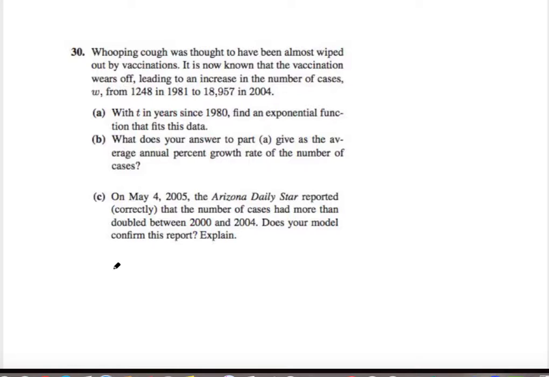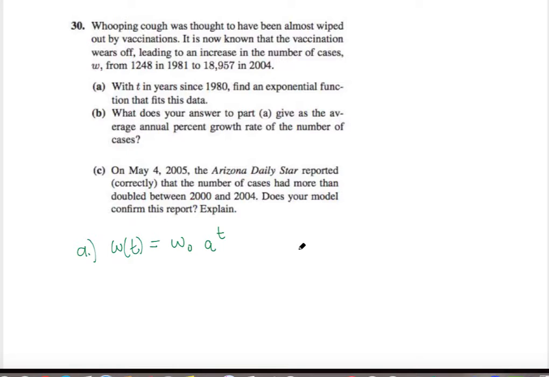So our W, as a function of T, is going to be equal to our initial number of cases times some base raised to the T. So what information do we have? Well, we have that W of 1, because it's 1 year since 1980, is equal to 1248.